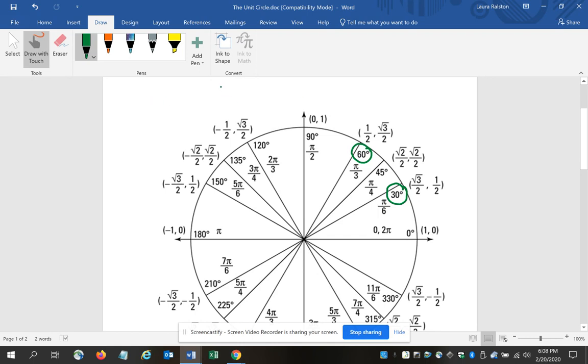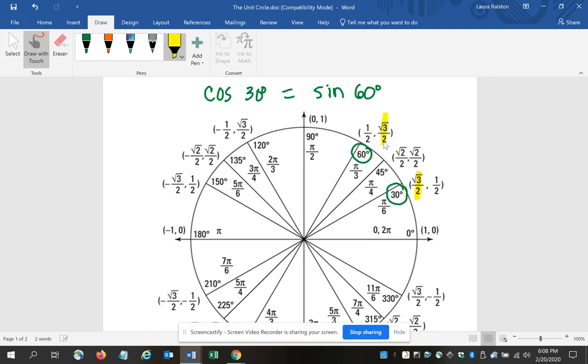And what the rule says, which we're going to talk about in a minute, is that the cosine of 30 degrees would be the same as the sine of 60 degrees. You can see that on the graph, because the cosine corresponds to the x-coordinate, and it's square root 3 over 2.